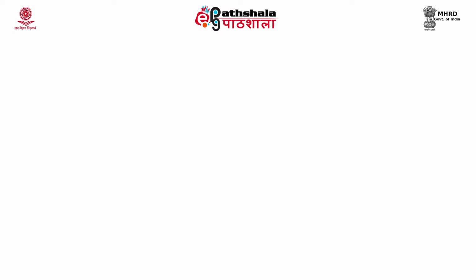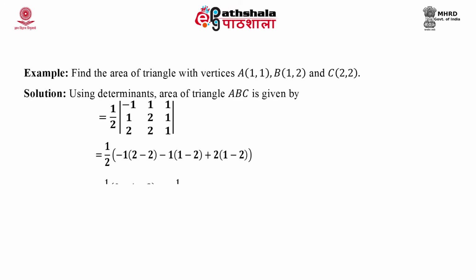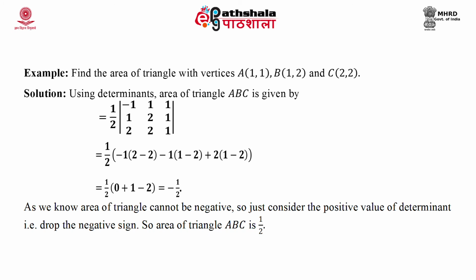Let us consider an example. Find the area of a triangle with vertices 1, 1, 1, 2, 2, 2. Using determinants, the area of triangle ABC is given by half of this determinant, where the first two columns are given by the coordinates of the vertices of this triangle, and the last column is just 1, 1, 1.